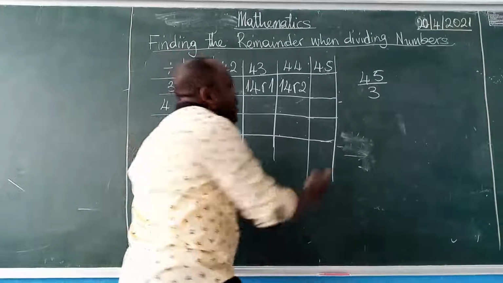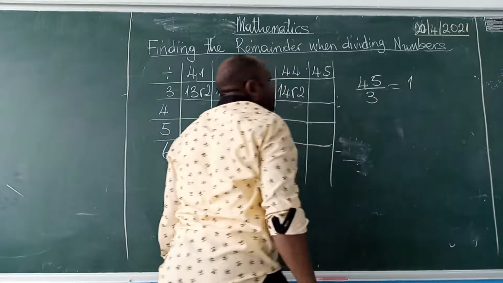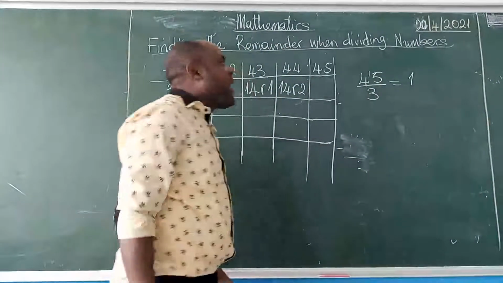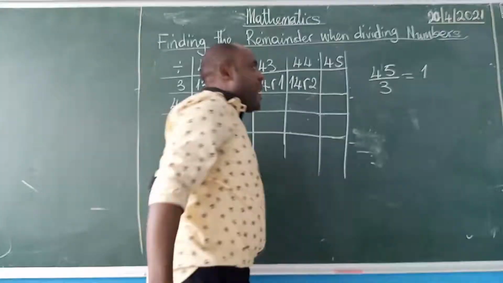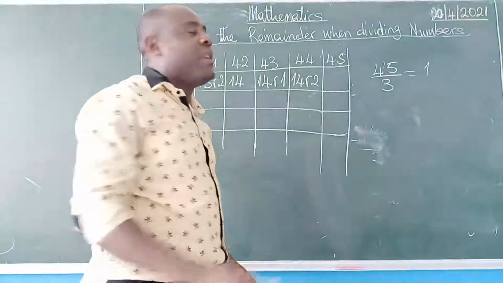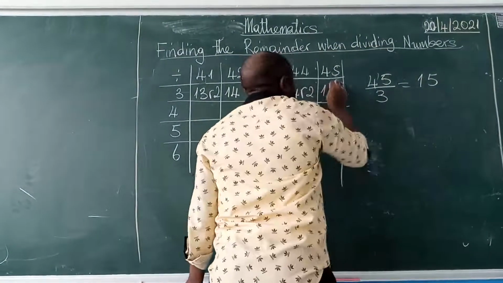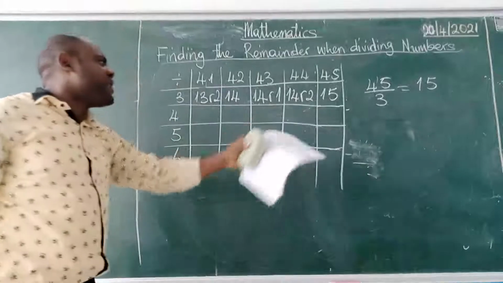We have that 3 can go into 4 one time, and 1 will remain. We attach the 1 in front of 5, it becomes 15. 3 can go into 15 5 times. 5 times 3 gives me 15. Now, we have filled the first part.